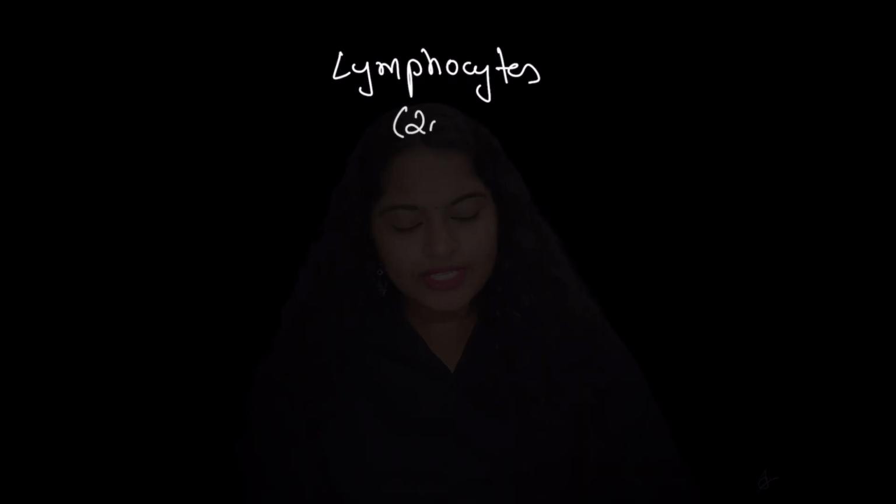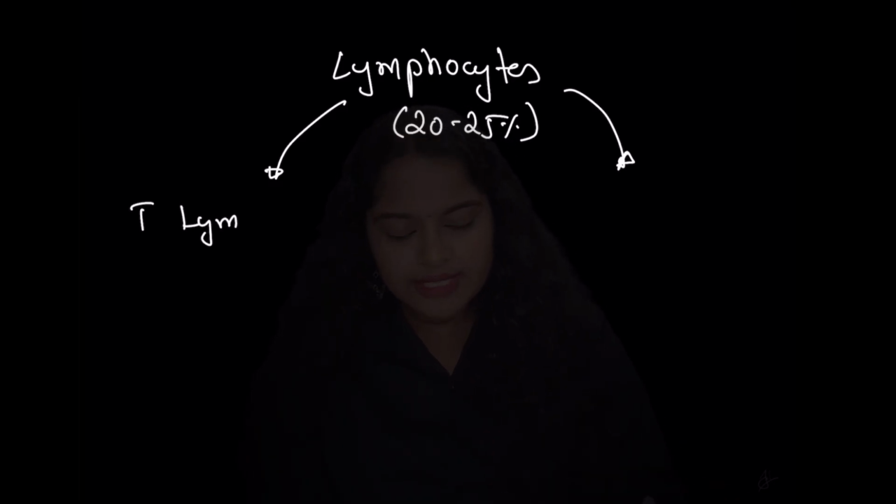Lymphocytes constitute 20 to 25% of the total WBC count. And we already said that these lymphocytes are of two types. One is T lymphocytes and the other one is B lymphocytes.